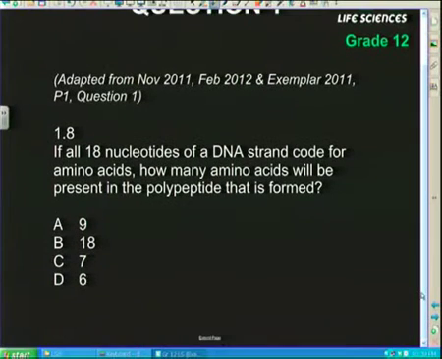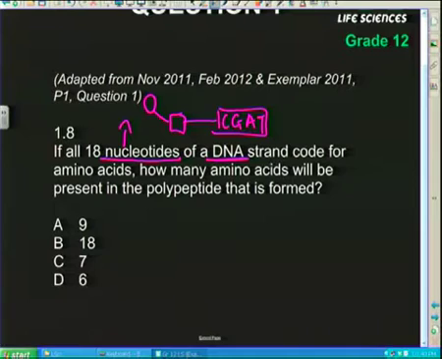This question is also a bit of a tricky question, because some of you might not read it properly. If all 18 nucleotides, now remember again, here's a term, nucleotide. What is a nucleotide? A nucleotide is, remember, the sugar, the phosphate, and then one of the bases, so C, G, A, or T. Because they tell us that it's a DNA strand.